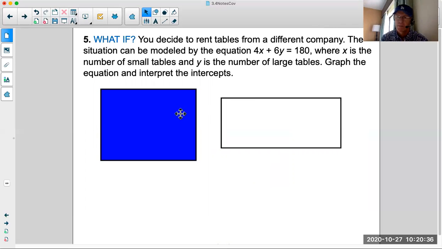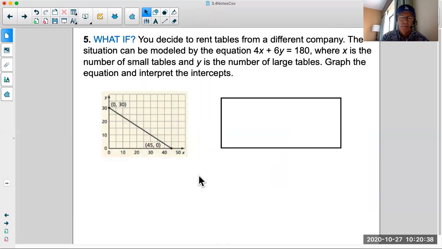Okay, go for it. Okay, well, hopefully you graphed it. And if you set x equal to 0, y is going to be 30. So you have a point that you would plot of 0, 30. If you set y equal to 0, 4x equals 180, so x equals 45. So we have 45 comma 0.